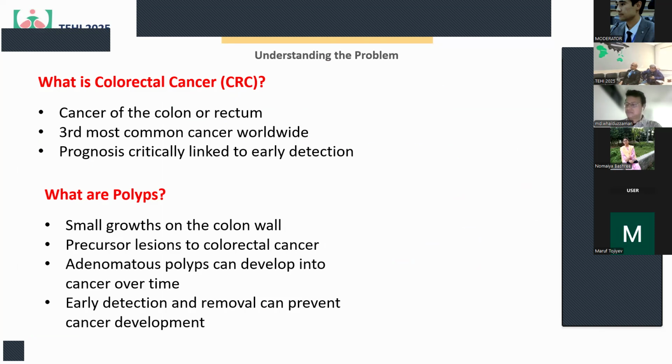Before starting my presentation, I want to talk about some important insights: what is colorectal cancer and what are polyps. Colorectal cancer is the third most common cancer worldwide, and its prognosis is critically linked to early detection and removal of lesions called polyps. The primary detection method is colonoscopy, which relies on manual inspection by physicians, a process that is often time-consuming.